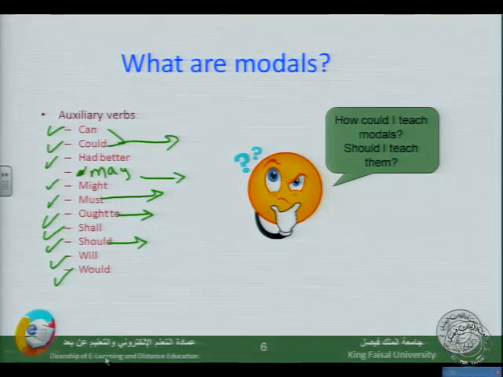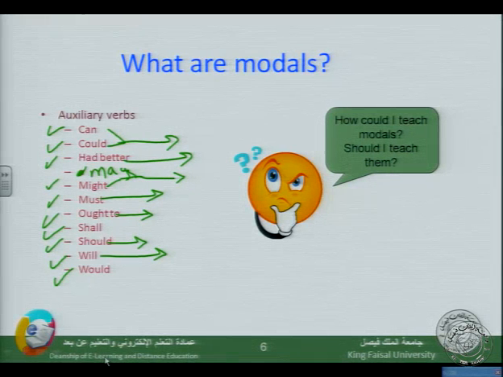You can use can and could for abilities. You can use had better to make suggestions. You can use might and may to talk about probability. And you can use will to talk about your future plans.